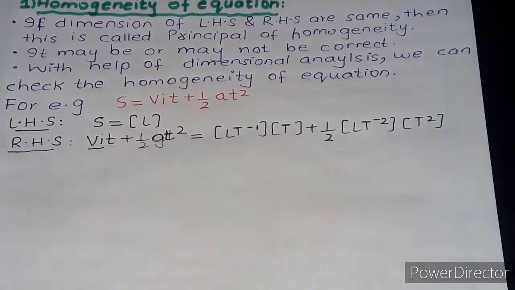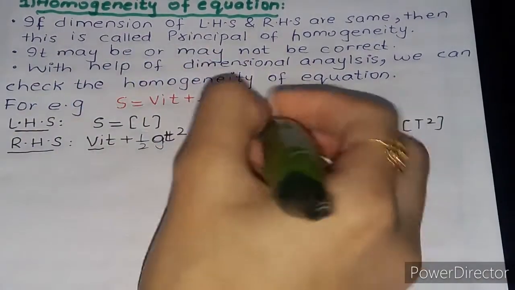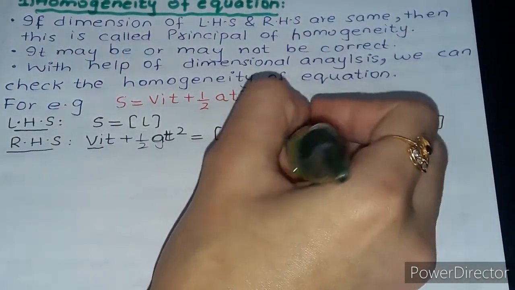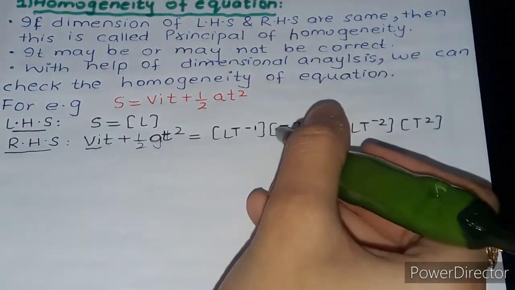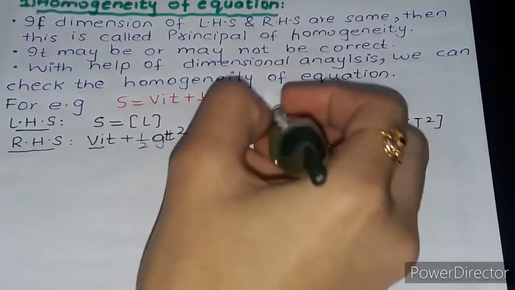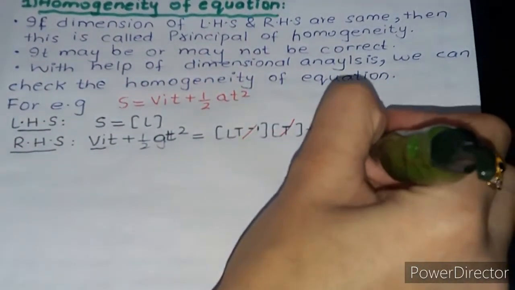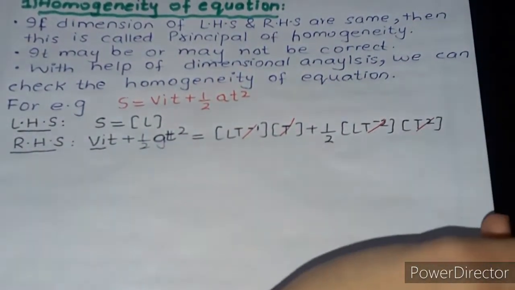So minus 1 plus 1 cancel, and here minus 2 and plus 2 cancel.